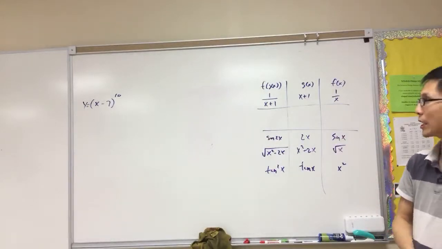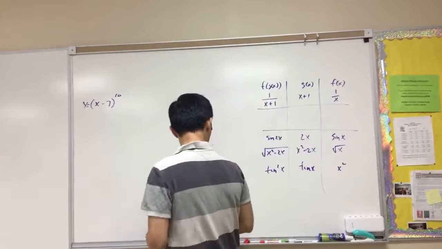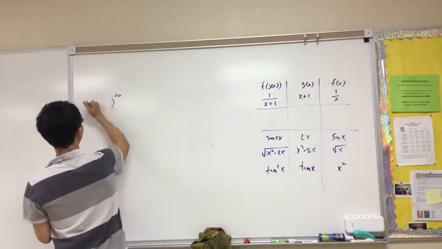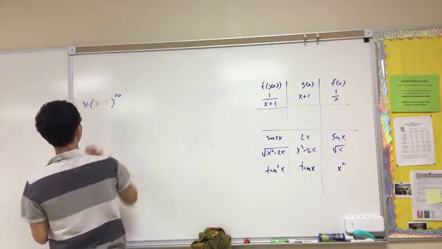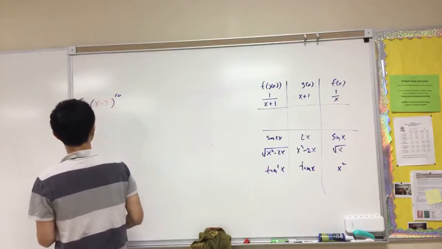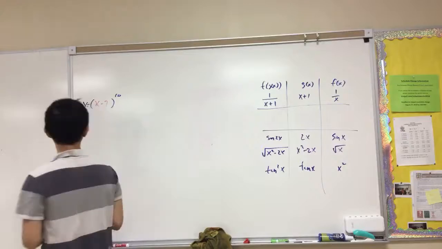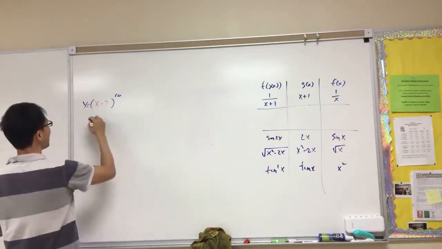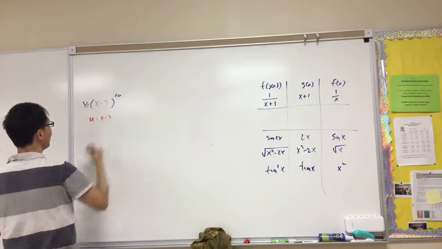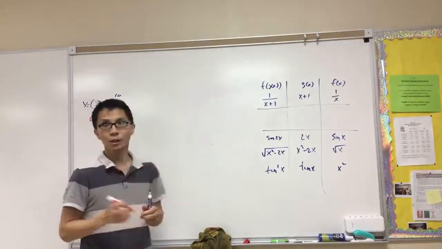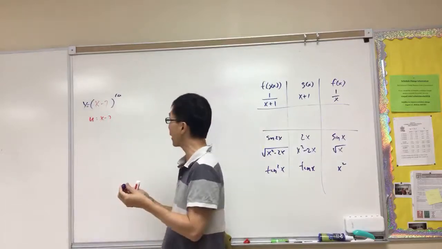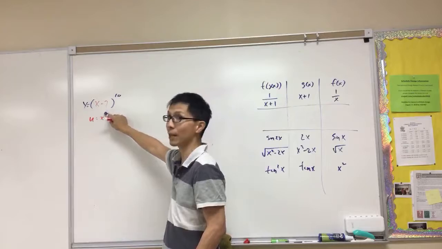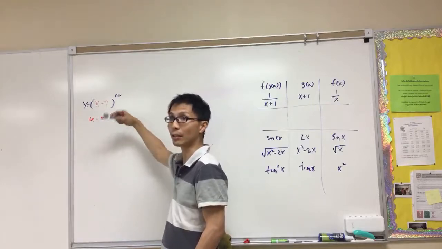So for the derivative of this, just imagine that I'm going to color code this again. X minus 7. I love color coding now. Let's try a whole new pack of colors. So u is equal to x minus 7. g of x is x minus 7, and then f of x is x to the 10th power.